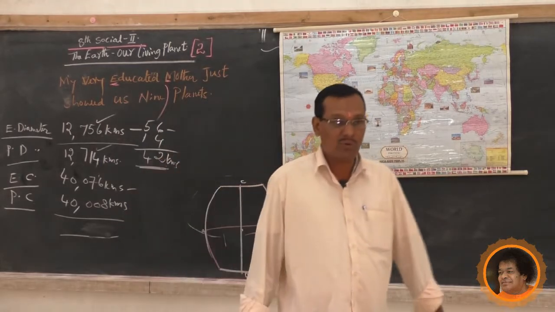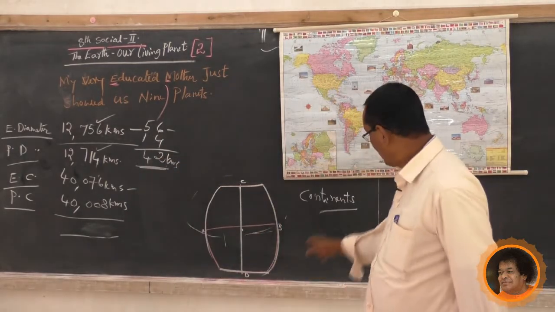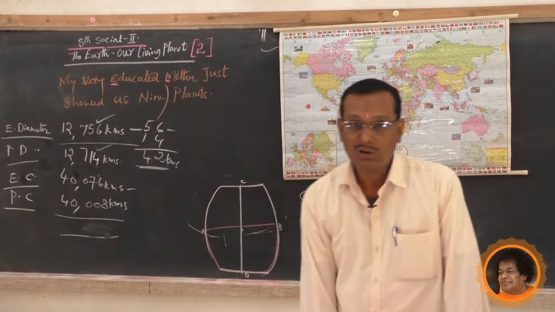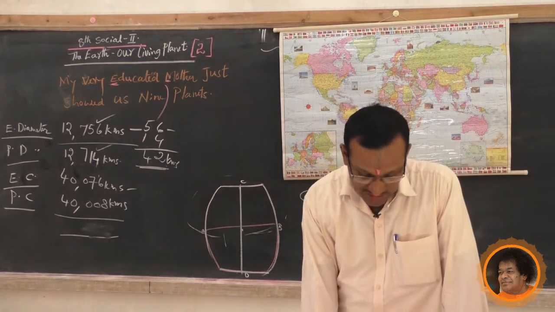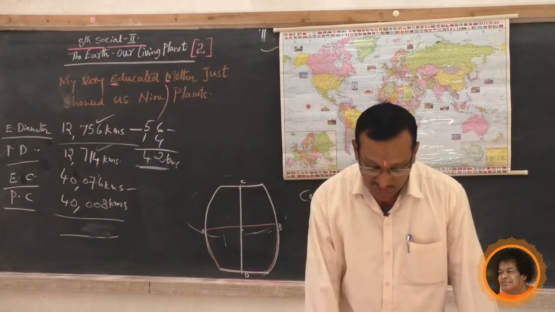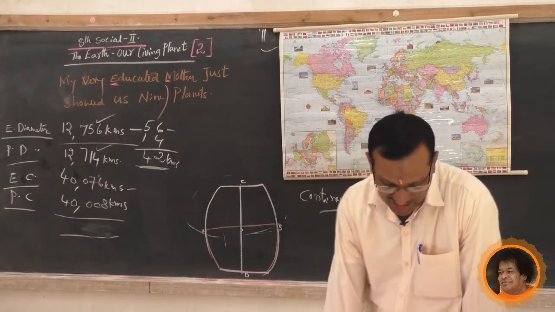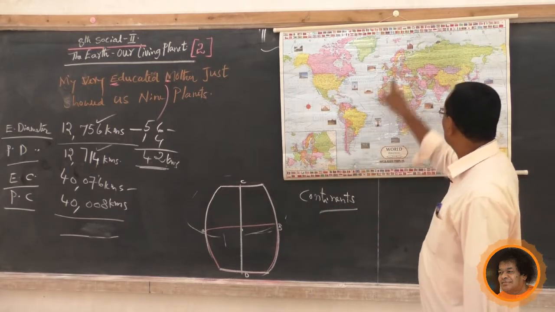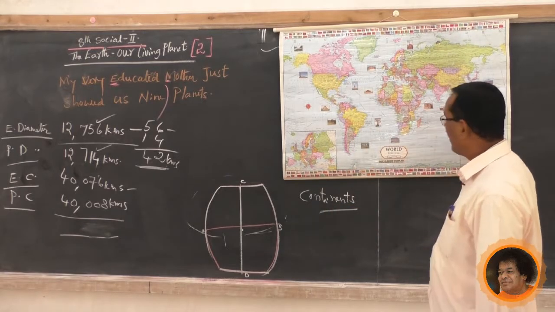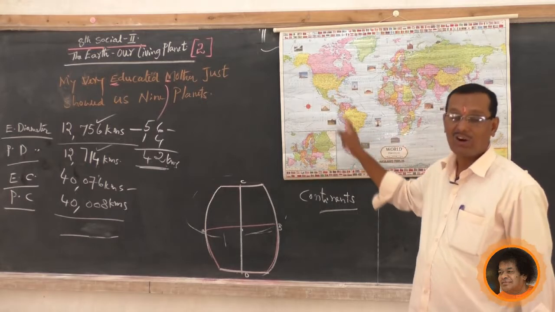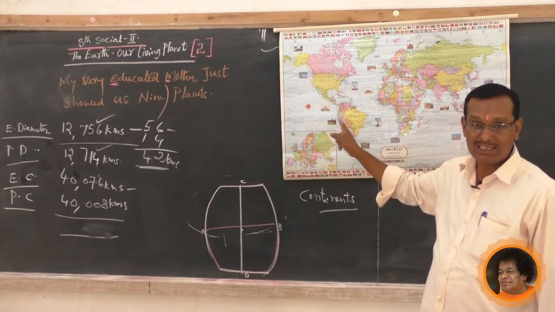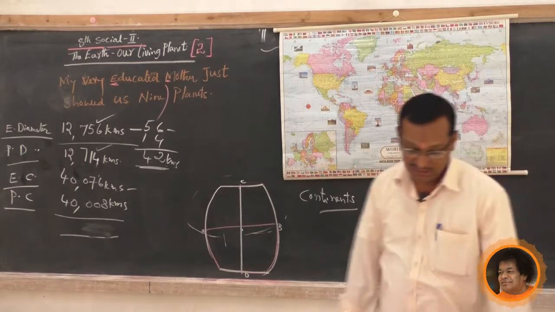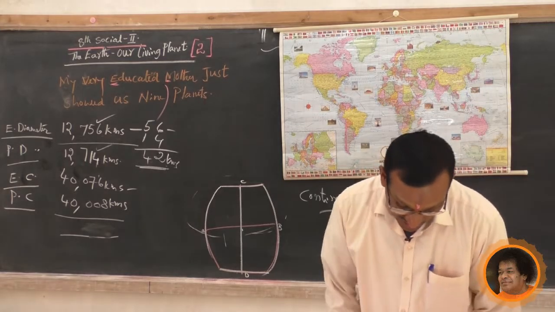What is the meaning of the term continent? It is very easy. The land bodies of the earth are known as continents. Continents are none other than these land bodies.